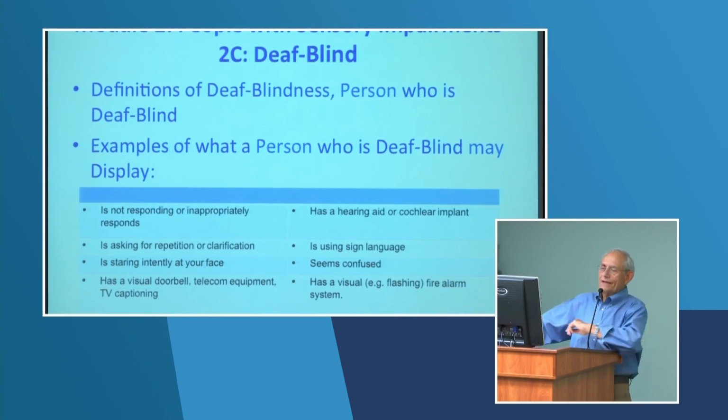So, a deaf-blind person may not respond or may respond inappropriately. They're asking for repetition, they're staring at you, they have the same things that deaf persons have, visual equipment to alert them to fires, to a telephone or a doorbell.